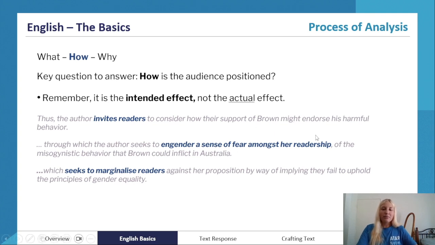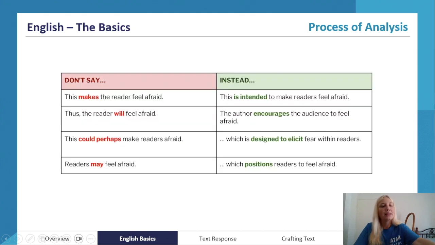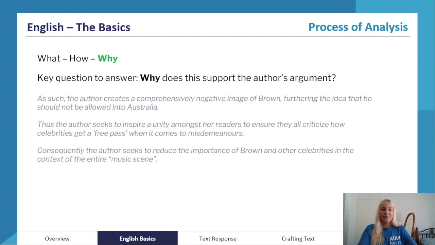And we've got a few more examples there. So this is another example with high and low modality language to avoid fence sitting. So make sure you don't sound so definitive. And these are kinds of phrases you could be using for your how analysis.